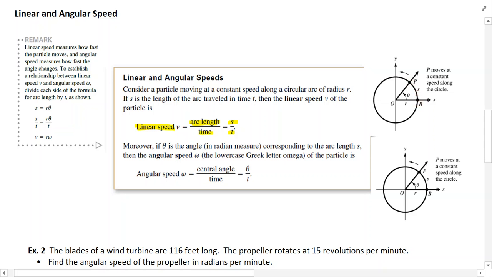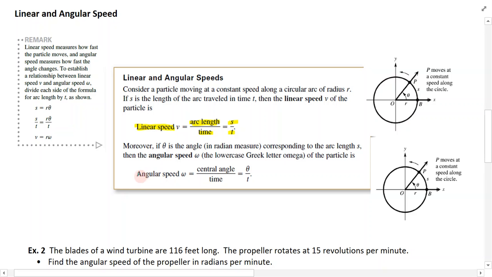So at what speed is it changing? A point P moves at a constant speed along the circle. So it has to do with the length or the distance it's traveling over time, which is what we think of for velocity anyway. So linear speed has to do with how fast this distance along the outside of a circle is changing with respect to time.